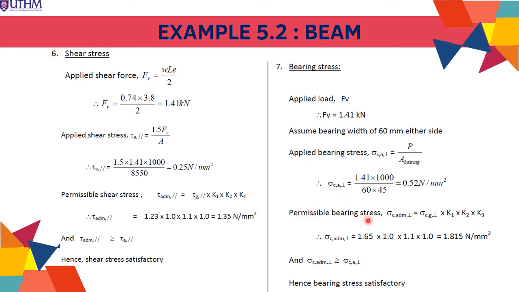Our permissible bearing stress is compression perpendicular to grain times modification factors K1, K2 and K3. We get 1.815 Newton per millimeter square. Our bearing stress is satisfactory because our permissible bearing stress is more than applied bearing stress.